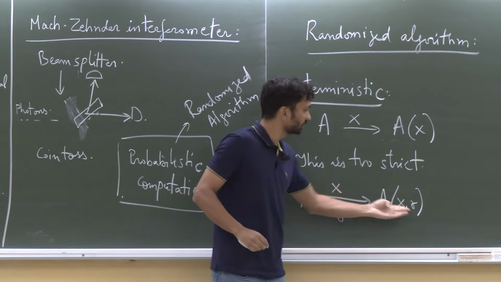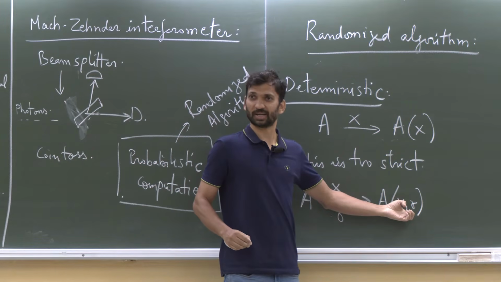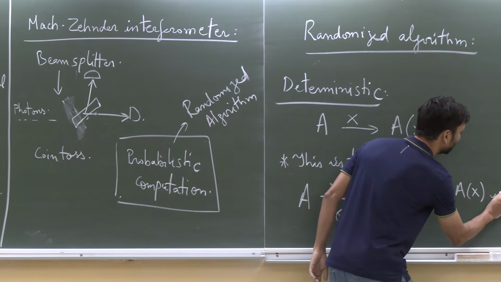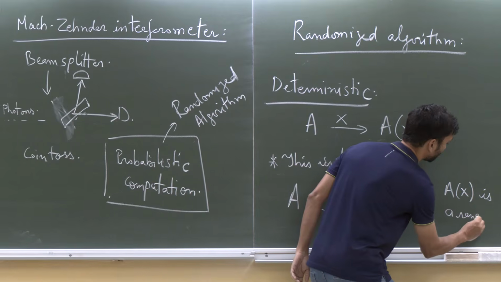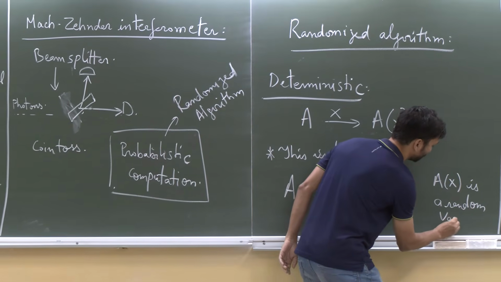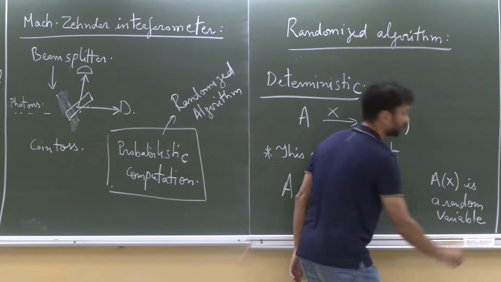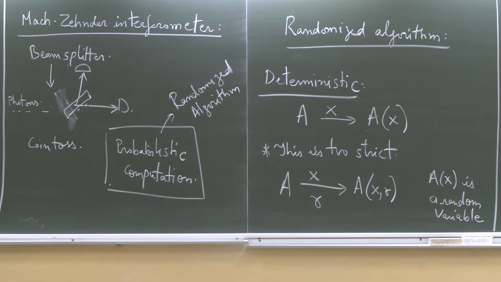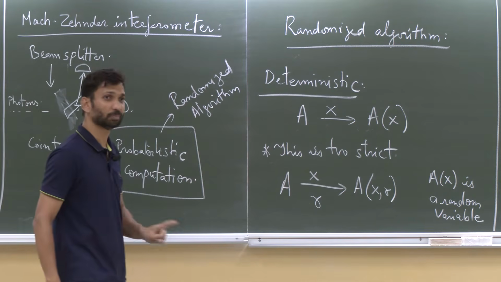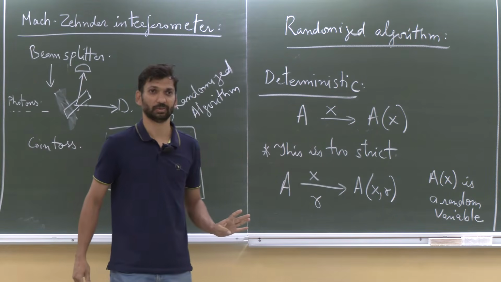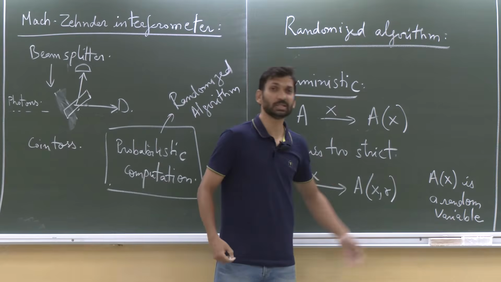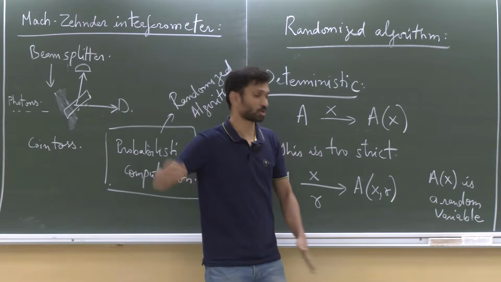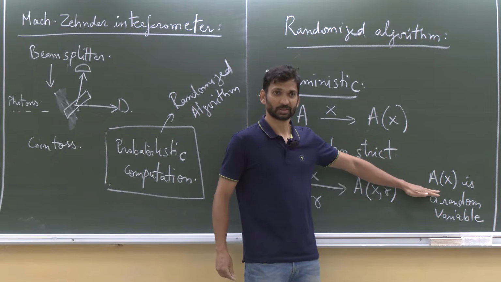It gets fixed if I fix the random string. Or the other way to understand it is to say that now my A(X) is a random variable. Okay, and if you don't know what a random variable is, you should definitely read and make sure that you understand it. Right? So random variable means with some probability A(X) takes some value. It's not a fixed quantity. Correct?